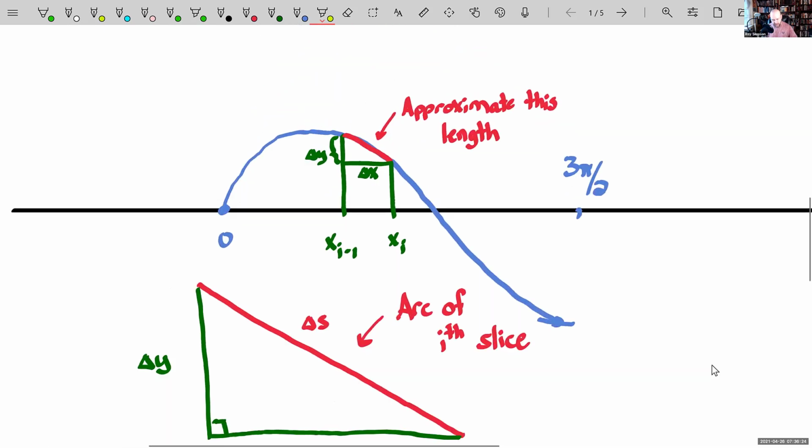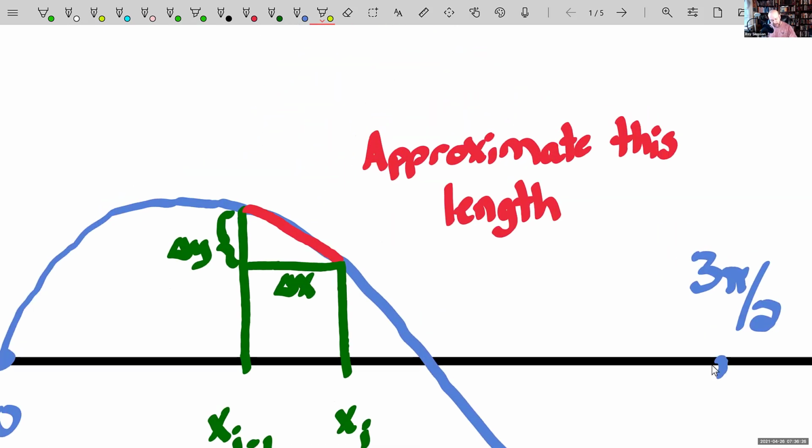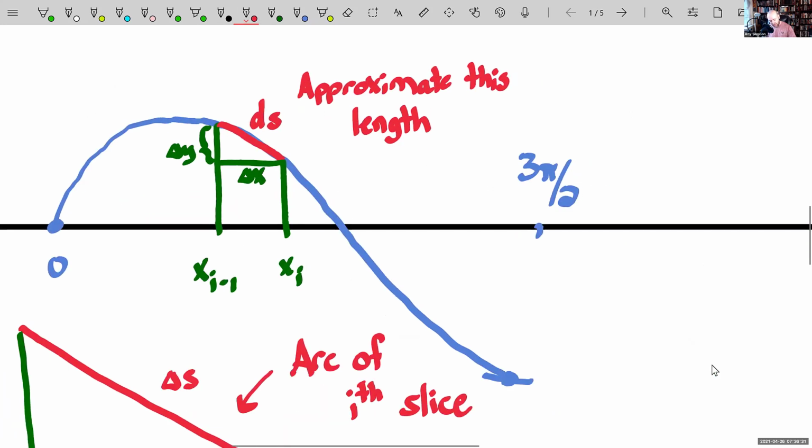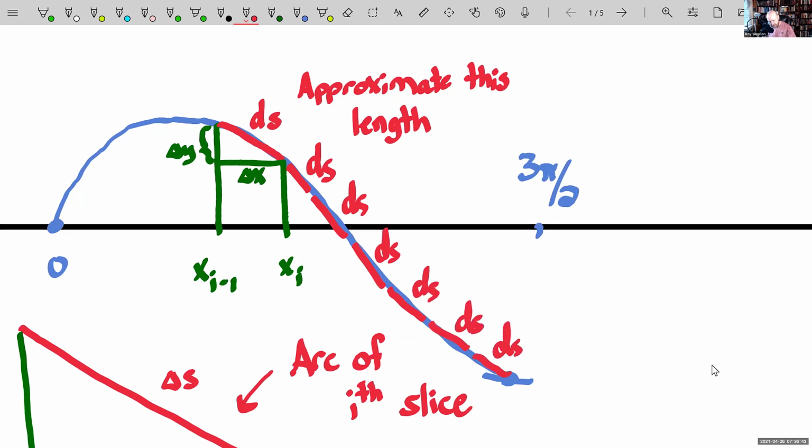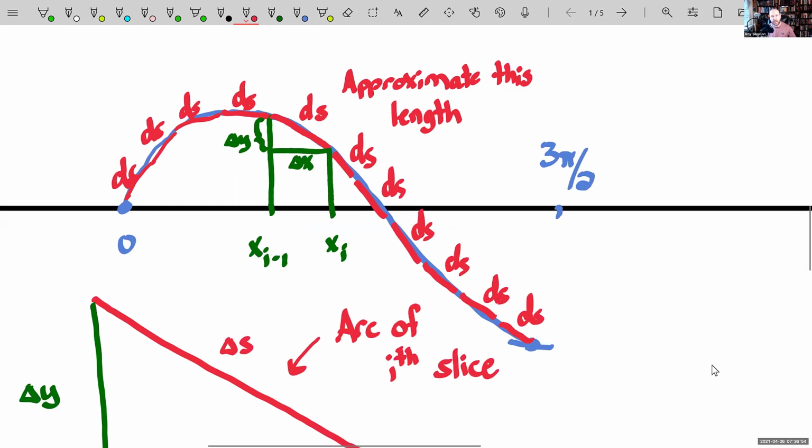And the fact is that we have now approximated that red arc length, which I'll call ds now. And you have a ton of those little red arc lengths. Here's the next ds, and the next ds, and so on and so forth down the line. So when you're finding the length of an arc, you're just adding up a bunch of these little wiggles in arc length. That's all you're doing.